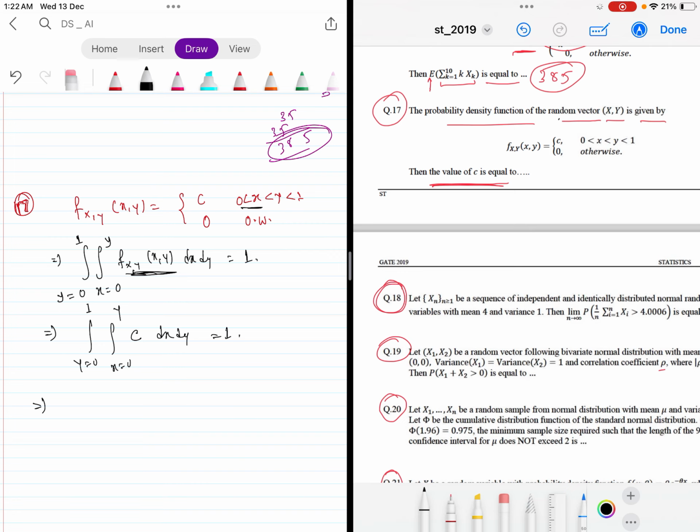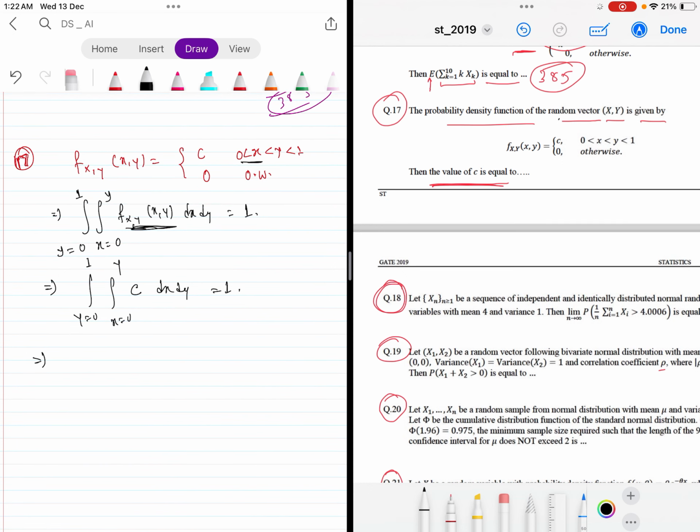So first you can integrate with respect to x. So y will be from 0 to 1, and here we will have x, limit will go from 0 to y, dy is equal to 1, right? So c times the integral from 0 to 1, here what we are going to get is y dy is equal to 1.